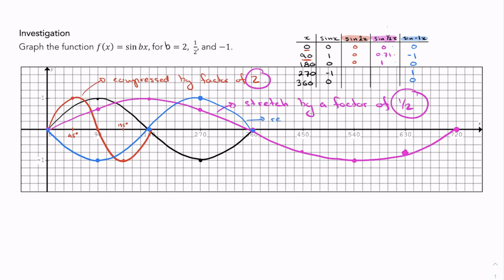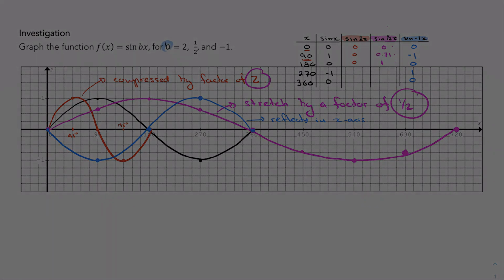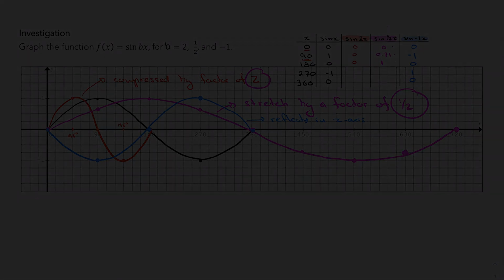Say reflection in x-axis. So there you have a host of transformations, scaling the graph, either reflecting it, shrinking it, compressing it, or stretching it out. And that's all the b value right here, which has that effect.